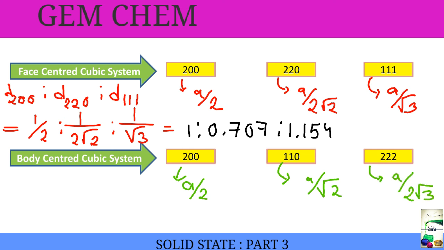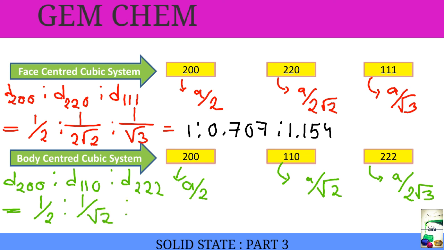Right, and the ratio of d200, d110 and d222 will be 1 by 2 is to 1 by root 2 is to 1 by 2 root 3, and the ultimate value will be equal to 1 is to 1.414 is to 0.577.